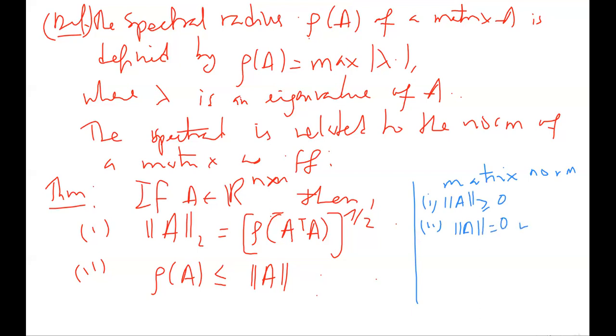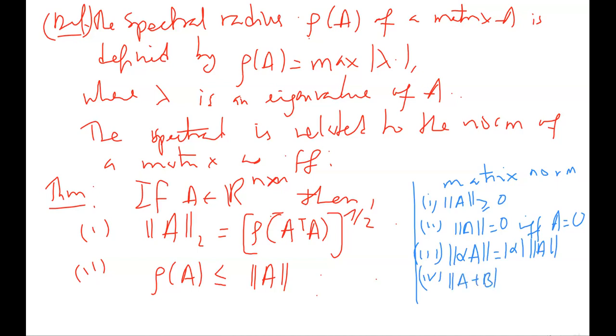It is 0 if and only if A is 0, that is, all entries are 0. 3. A scalar times a matrix gives us this. 4.